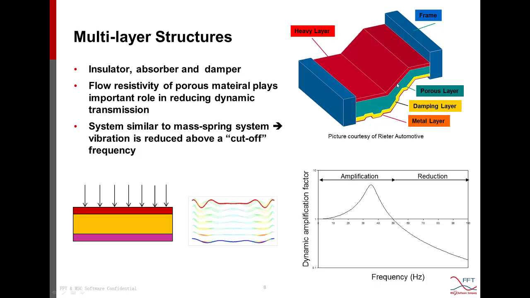Okay, so to model these types of components in Actran, we just use the solid and shell components and mesh each layer with its corresponding thickness and its corresponding material properties, including the real part and imaginary part of the Young modulus, including the Biot properties for porous material, for example, and all these properties can be frequency dependent.